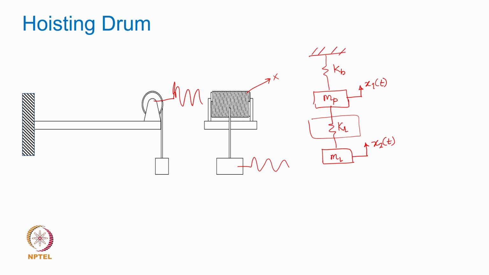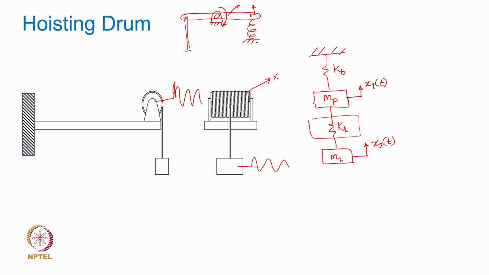You remember one case of the tappet valve mechanism that we discussed; there was a spring here. This fulcrum was assumed rigid, and therefore we could relate this motion with angle theta.